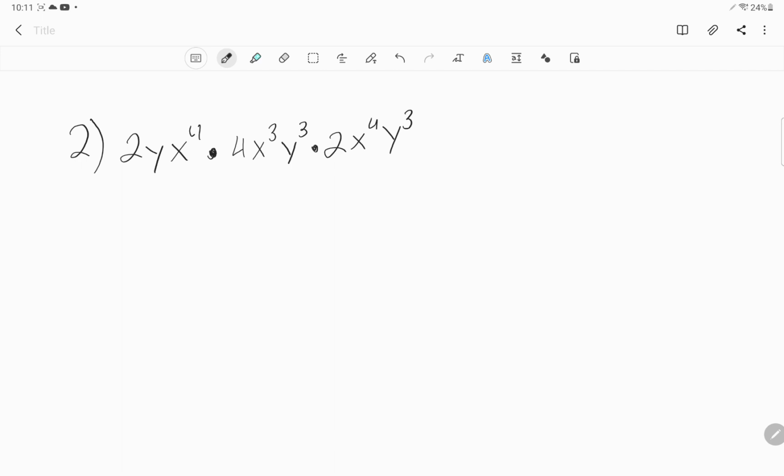Again, I want you to look at all the coefficients that we have inside. I'm going to underline them real quick: 2, 4, and 2. If I'm multiplying them together, 2 times 4 is 8, and 8 times 2 is 16.